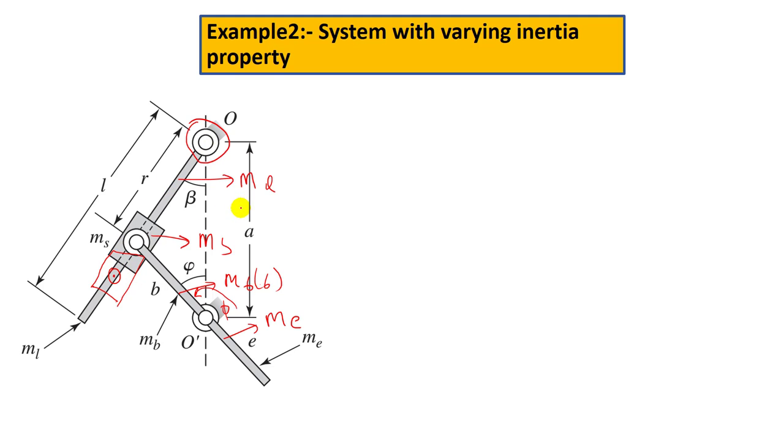Now, if we go back to the basic definition of polar moment of inertia, using which we compute the polar moment of inertia about another reference point, the definition was J0 is equal to Jg plus m a square, where a represents the distance between the reference point and the CG of that component.